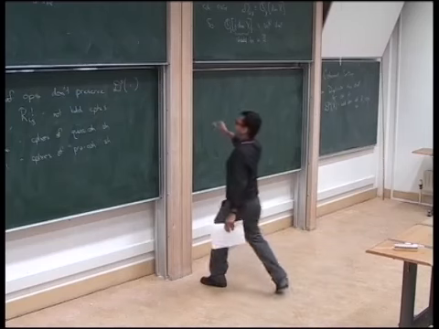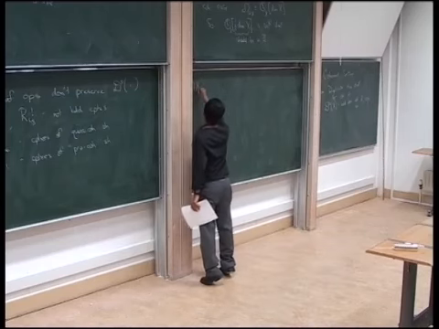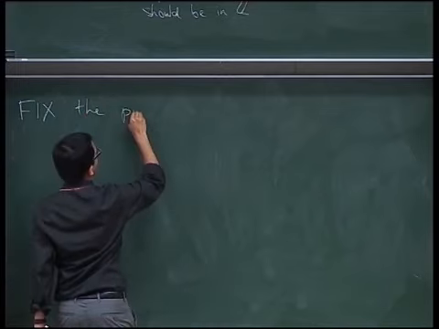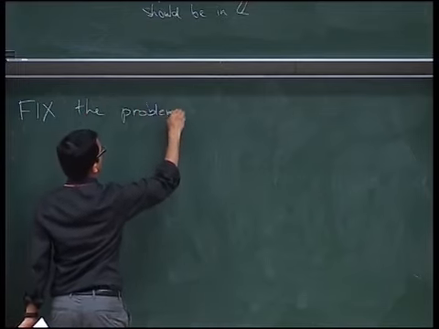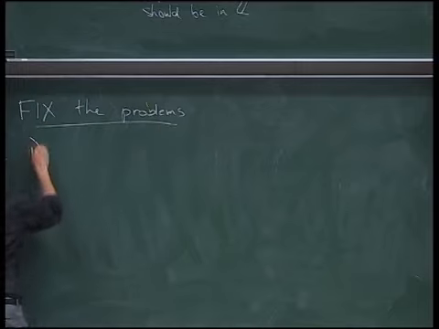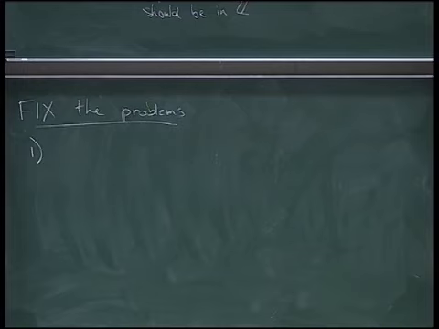So now let me tell you about some ways to fix the problems. Okay, so the first problem was that the word constructible, I mean, this definition, which is the analog of constructible for coherent sheaves, doesn't work because of this problem.